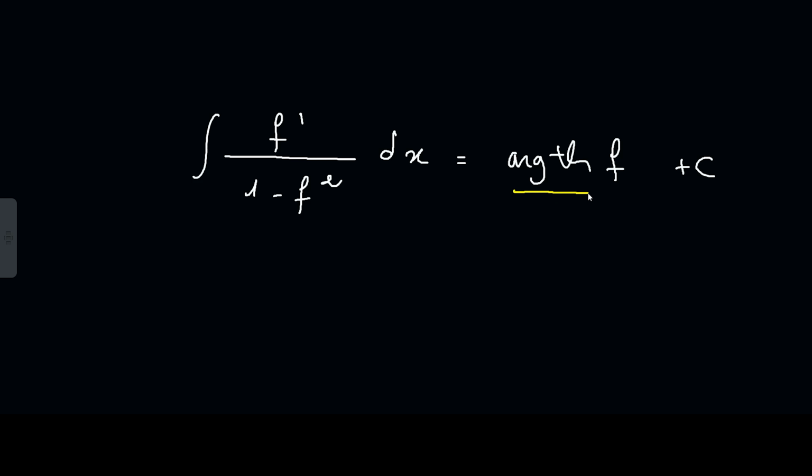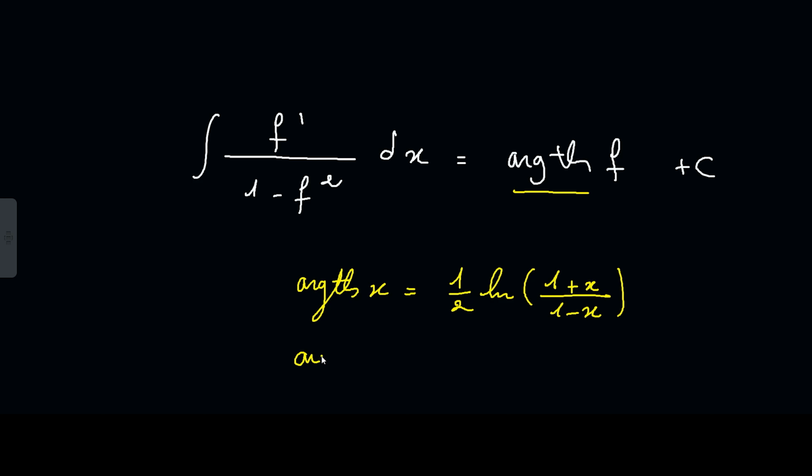What's the argth function? The argth of x is simply 1 over 2 ln of 1 plus x over 1 minus x. So the argth of any function, let's call it f, is going to give us 1 over 2 ln of 1 plus f over 1 minus f.